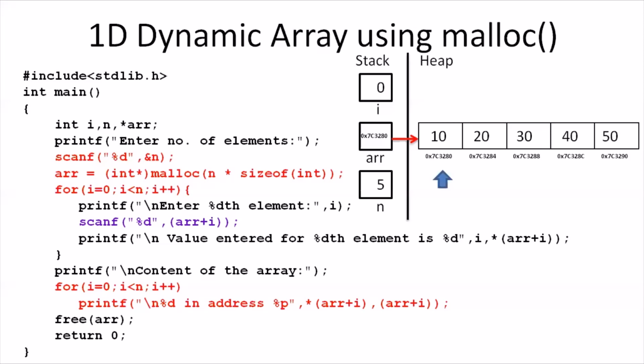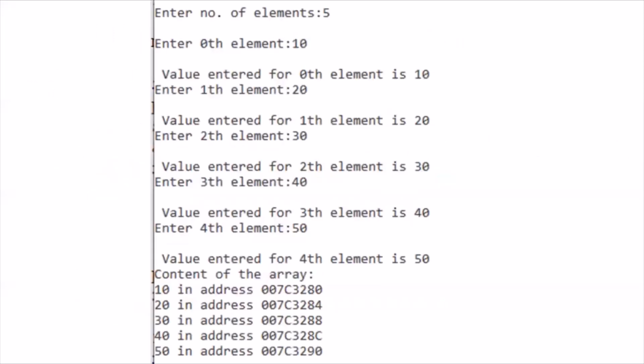So, on displaying the output window, we can see that the address 0x7c3280 is displayed as 007c3280 and so on. Note that the addresses of the consecutive cells differ by 4 because this is an integer array. It also indicates that the cells are occupying contiguous blocks of memory.